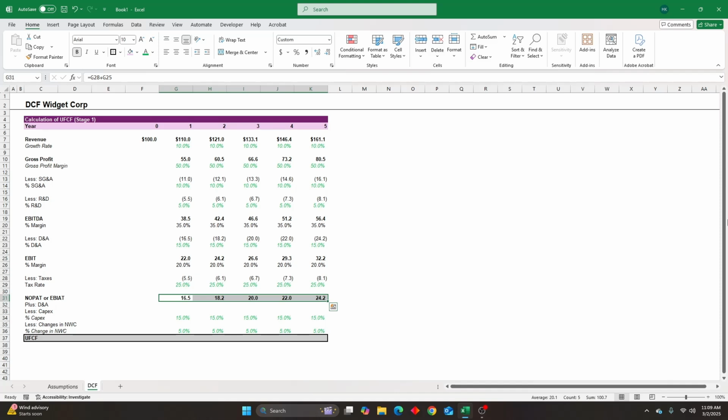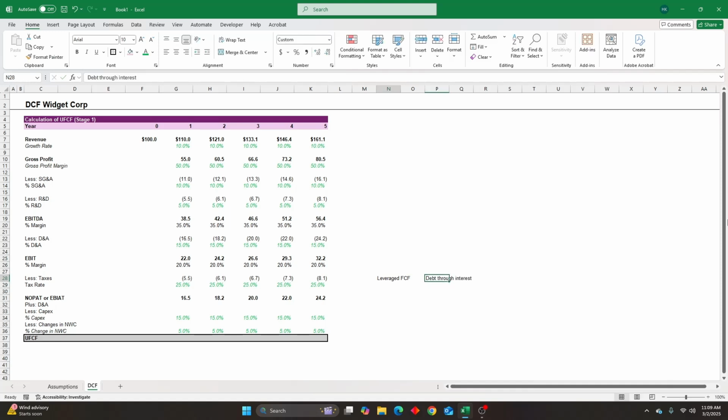And so if you were trying to calculate directly to an equity value, you would take into consideration the interest expense and you'd go down to your net income and then you calculate your levered free cash flow. The difference is, instead of using our WACC, which is our blended cost of capital, or weighted average cost of capital, you would just use the cost of equity. So the way to think about this is, if you're calculating levered free cash flow, you've already taken into consideration the debt through interest.